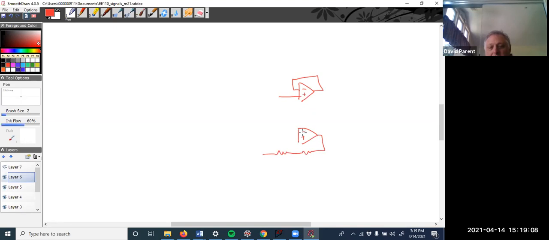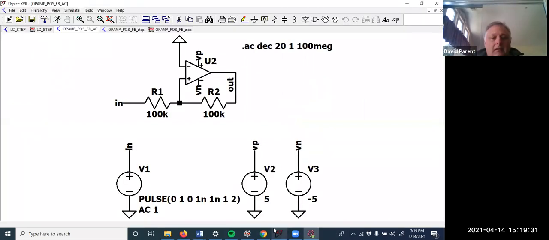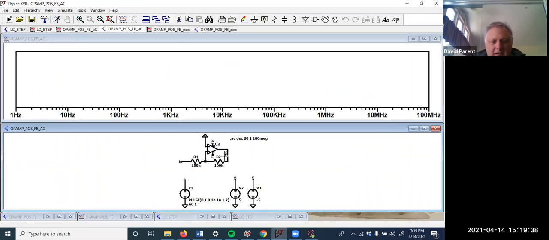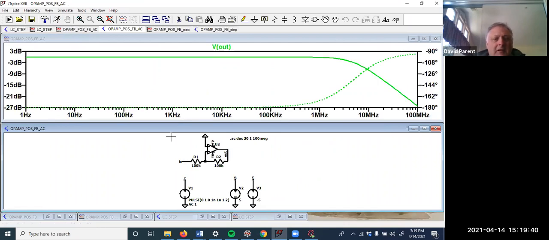I want to see if I can do this. So the difference is I've got positive feedback. So I've drawn the circuit. This is the Bode plot.